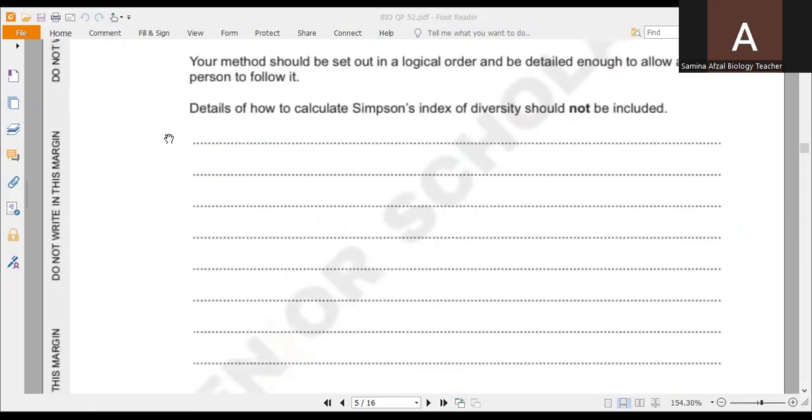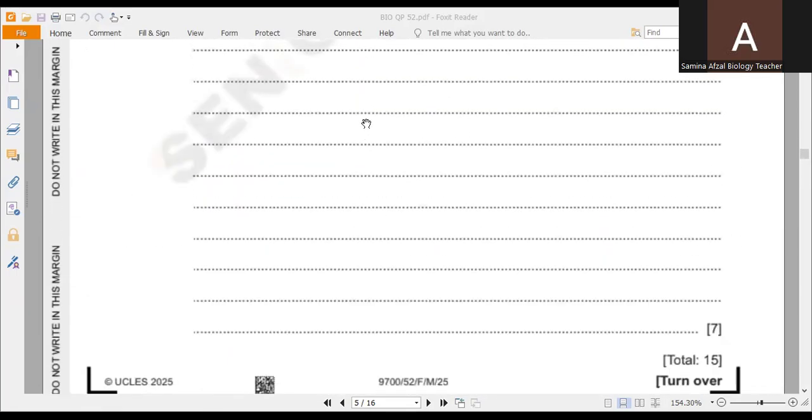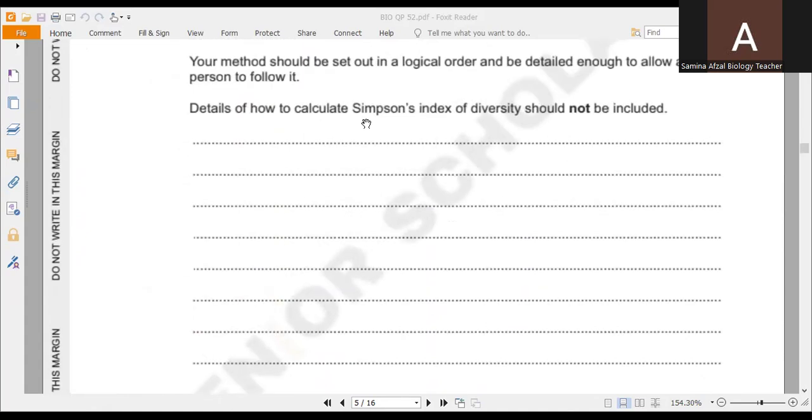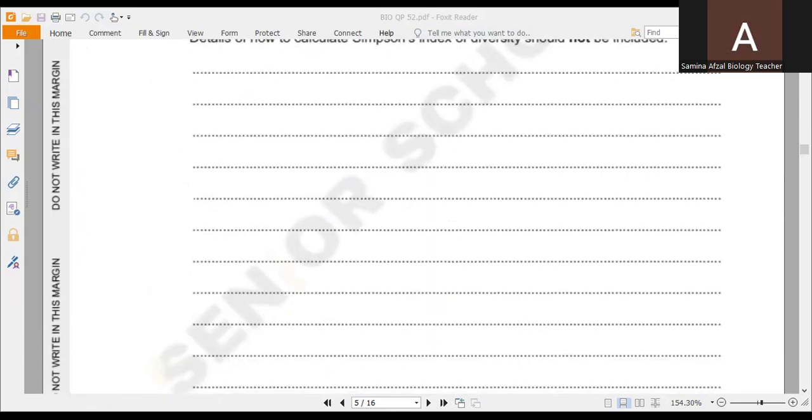Details of how to calculate the Simpson's index of diversity should not be included. This is worth 7 marks. So we are starting with how it generally takes place.